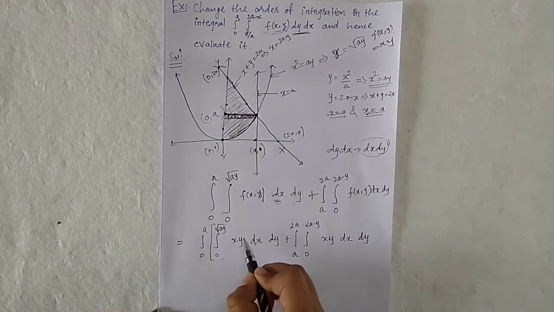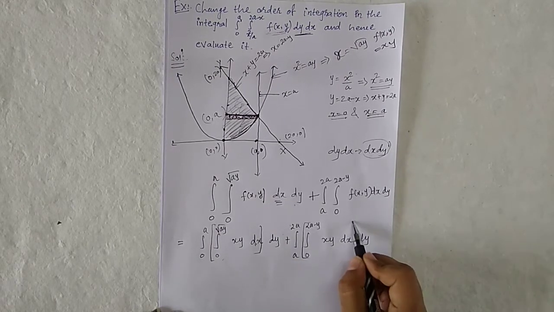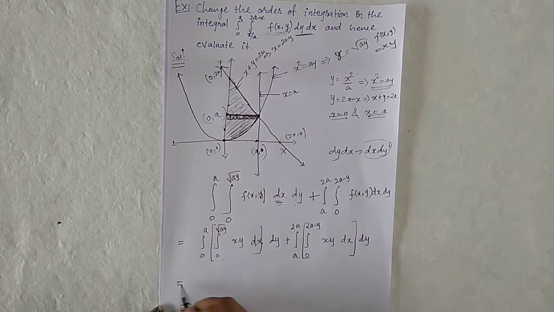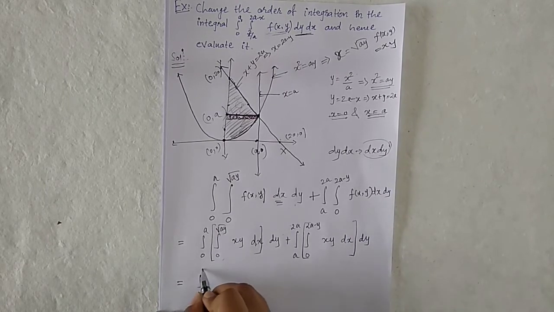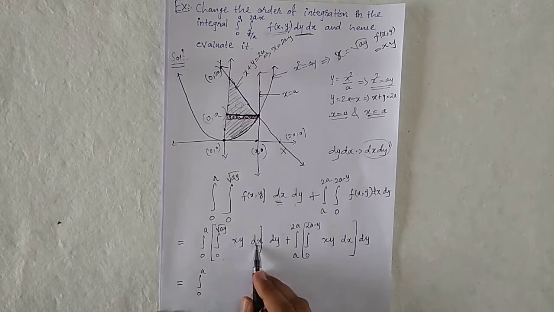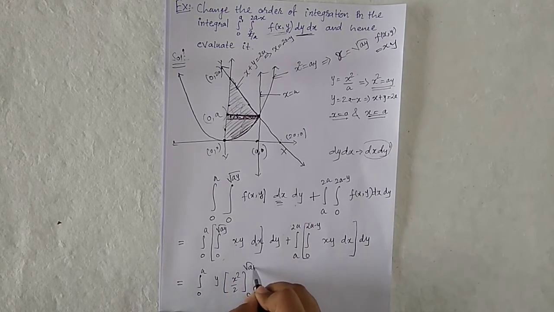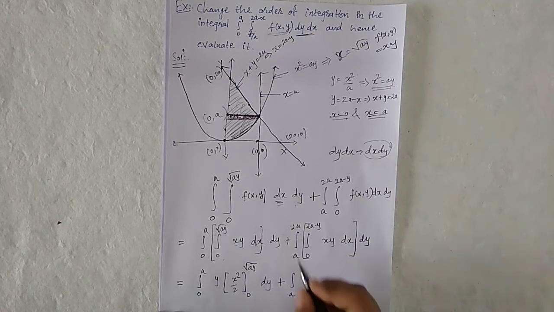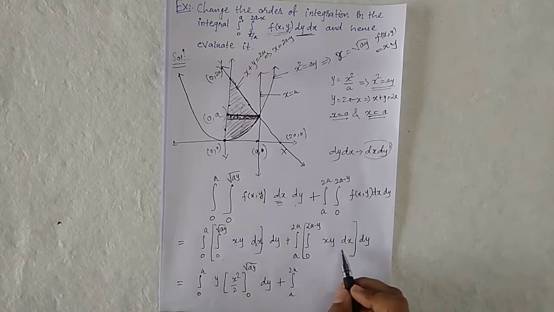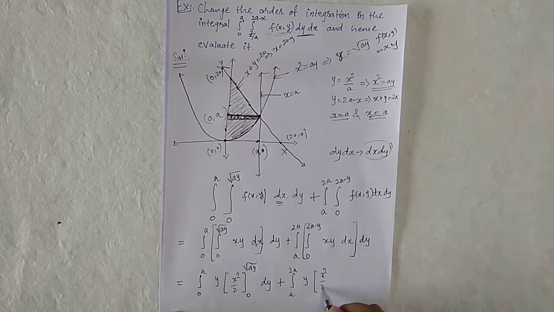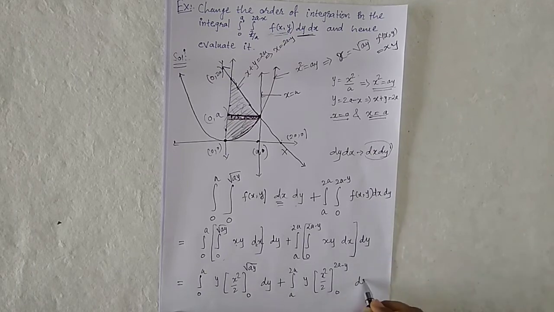So first integrating with respect to x, y becomes constant. The integration of x is x square by 2, and the limit is 0 to square root of ay, dy, plus the integral over a to 2a, with x square upon 2 and limit 0 to 2a minus y, dy.